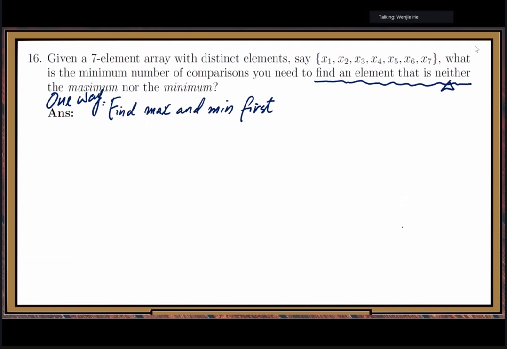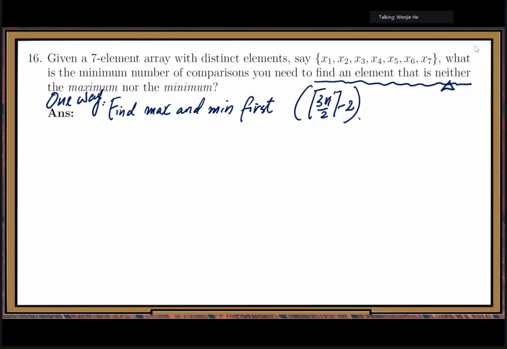Remember, we have an algorithm in module 1. At the end of module 1, we have one such algorithm that can do that, with a formula.